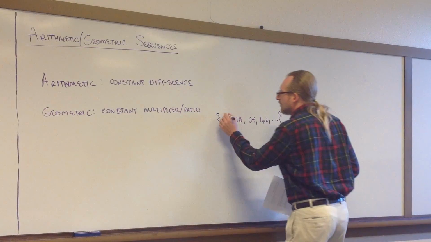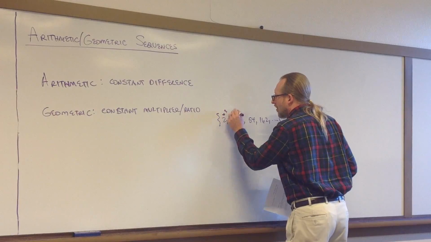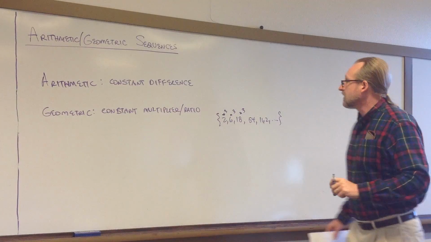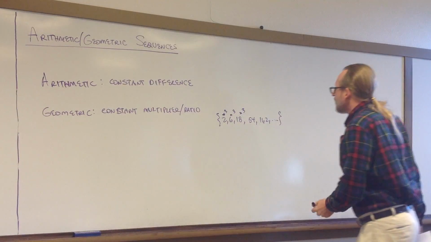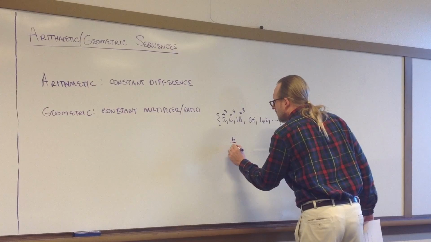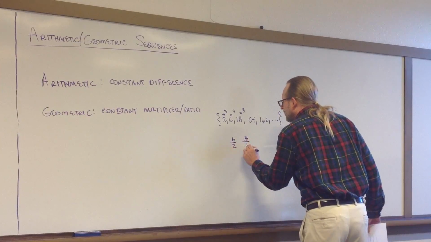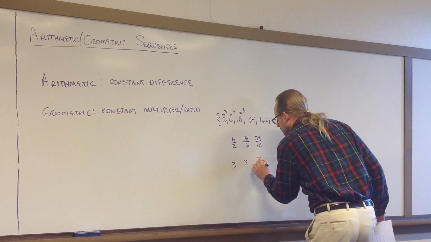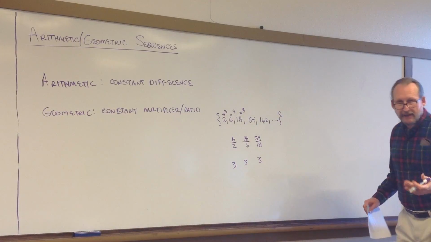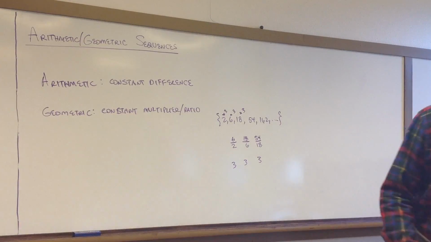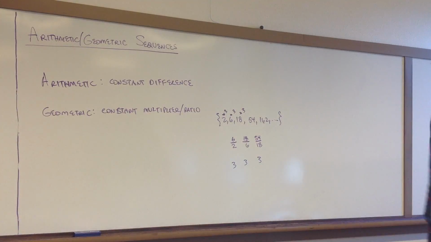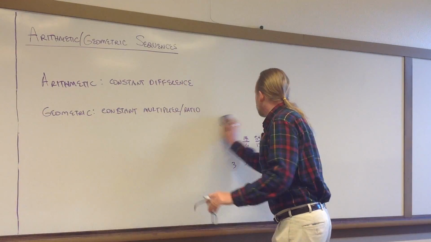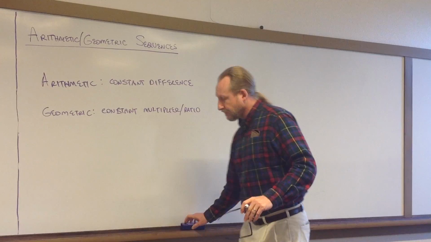So there's your constant multiplier to get the next term, if you're thinking of a recursive definition. The constant ratio is if you take each term and divide it by the previous term, you get the constant multiplier or constant ratio, depending on how you want to look at it. So that's the basic fundamental idea about arithmetic and geometric sequences.